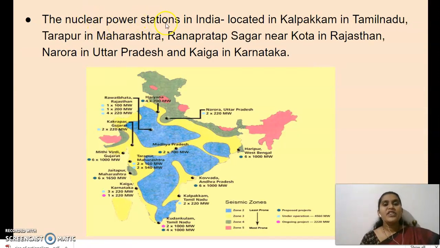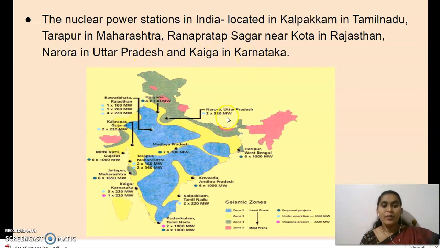The nuclear power stations in India are located in Kalpakam in Tamil Nadu, Tarapur in Maharashtra, Rana Pratap Sagar near Kota in Rajasthan, Narora in Uttar Pradesh and Kaiga in Karnataka.